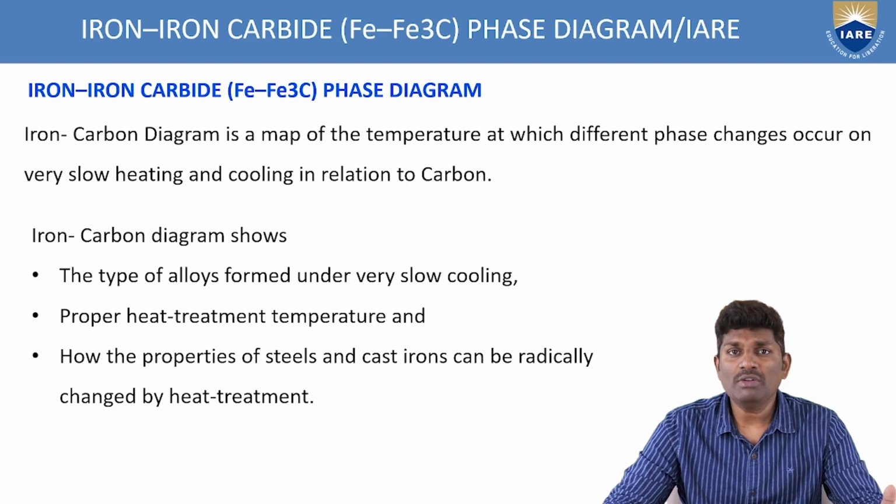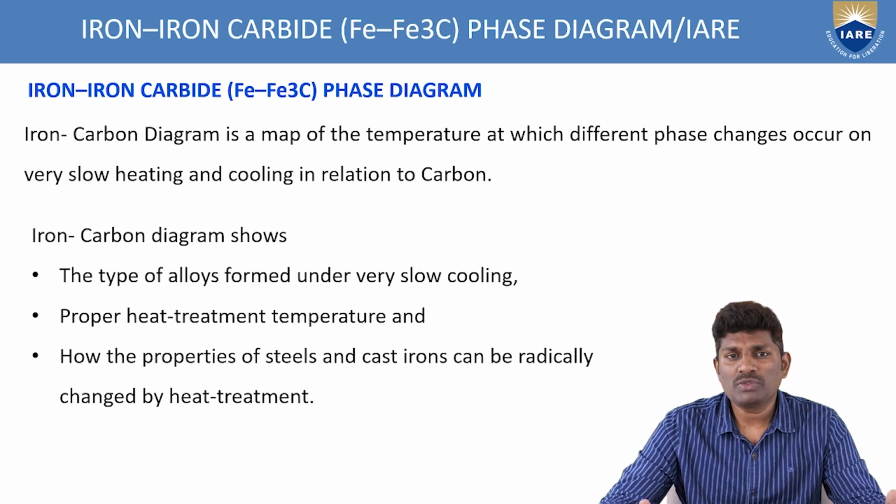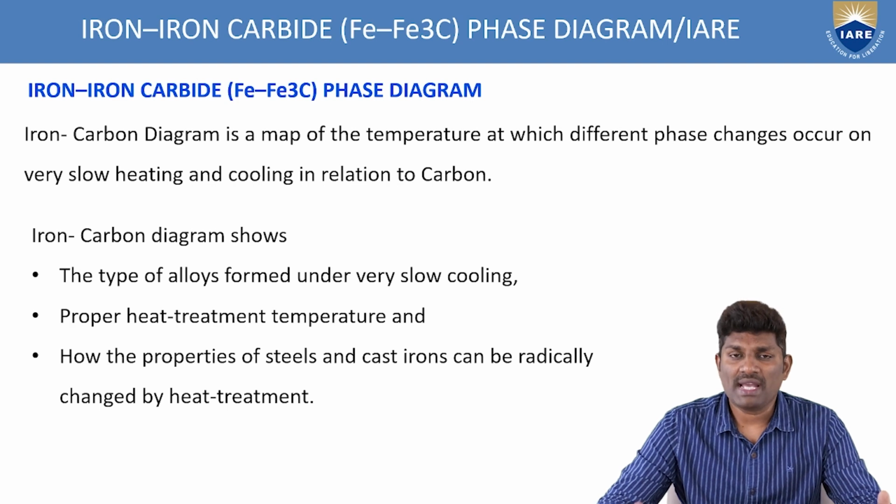And the third one is how the properties of steel and cast iron are radically changed by the heat treatment process. From one state or phase to another phase, there is a lot of change in the properties, whether chemical, physical or mechanical. These properties can also be studied with the help of this phase diagram.